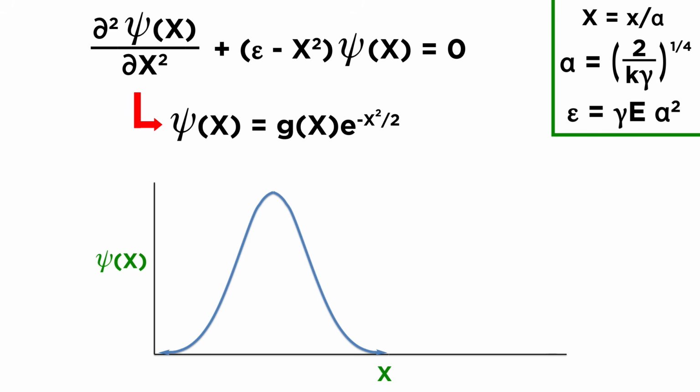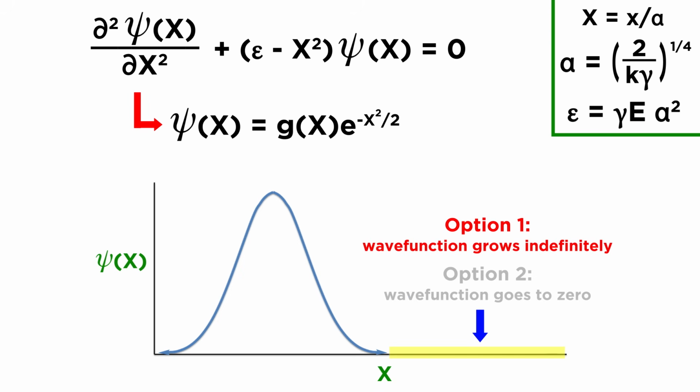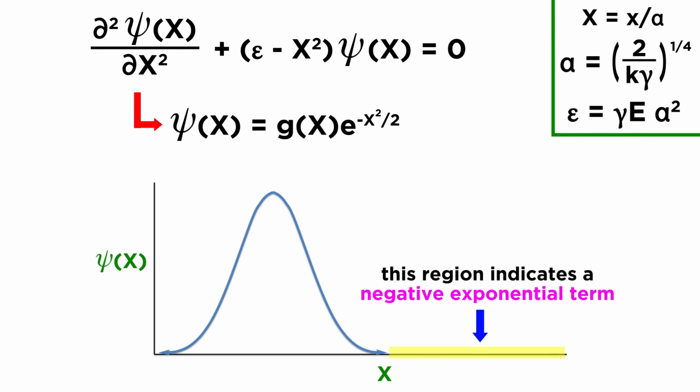We want to delimit the possible types of solutions, and looking at x as it goes to infinity is the easiest first step, because here there can only be two possibilities. One, the wave function grows indefinitely, or two, the wave function goes to 0. If it doesn't make sense for it to grow indefinitely, the solution must contain a negative exponential term.